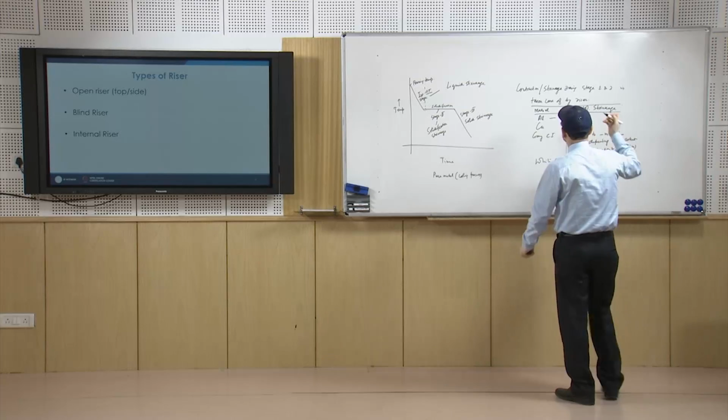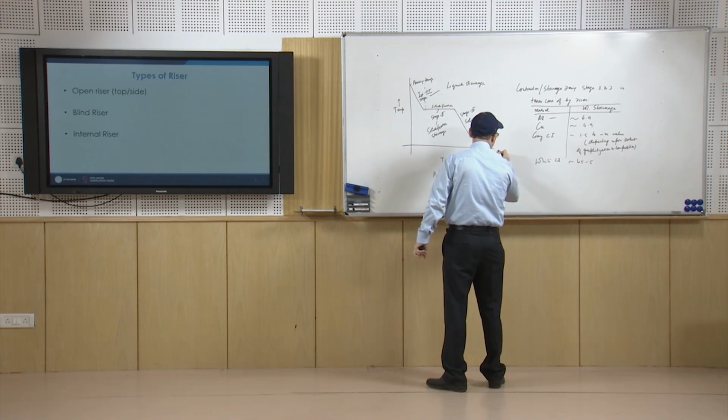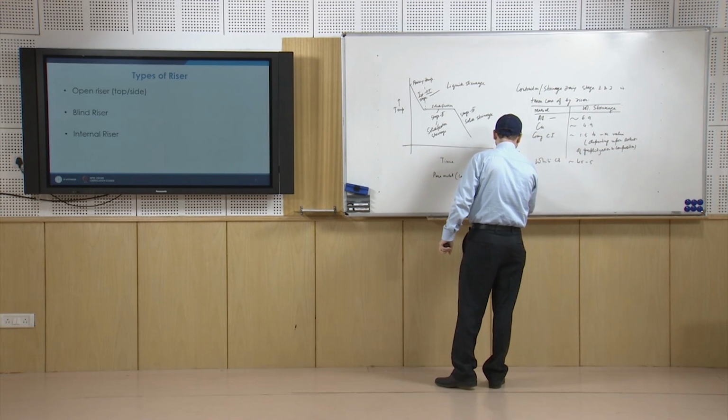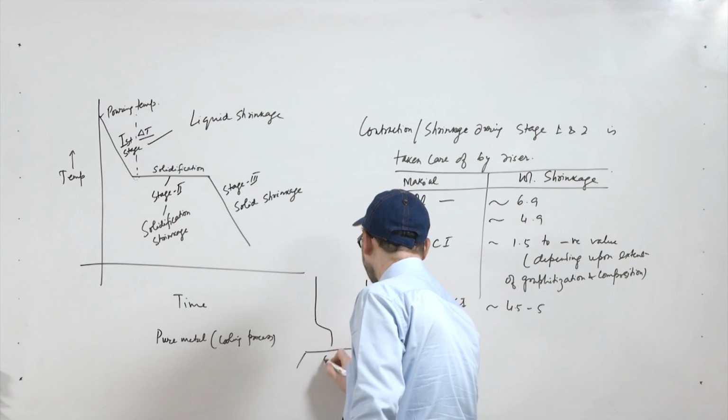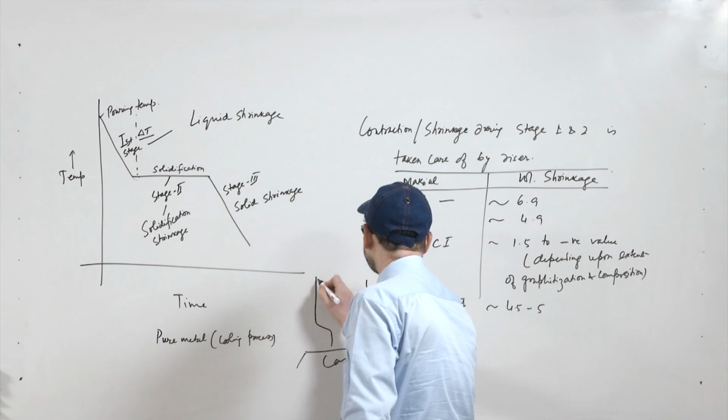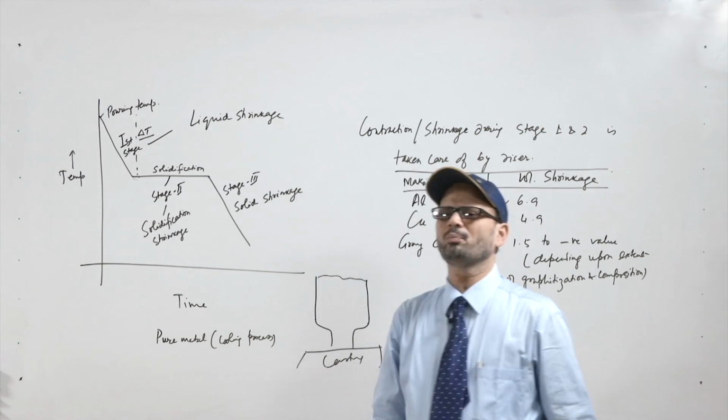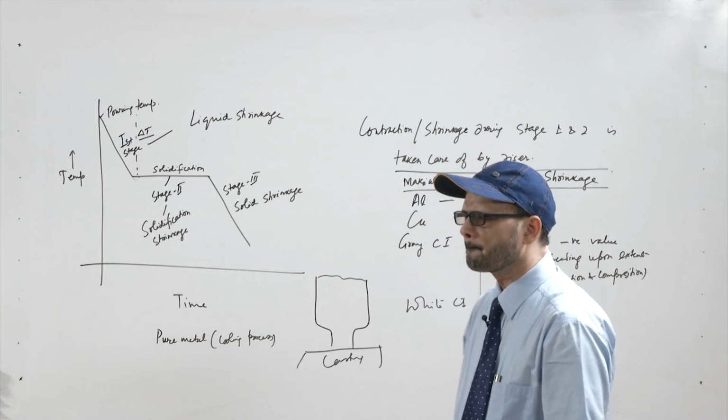One more thing is required to be known. Suppose this is the top riser. The top riser is normally placed on the casting. So, this is the surface which is open to the atmosphere.